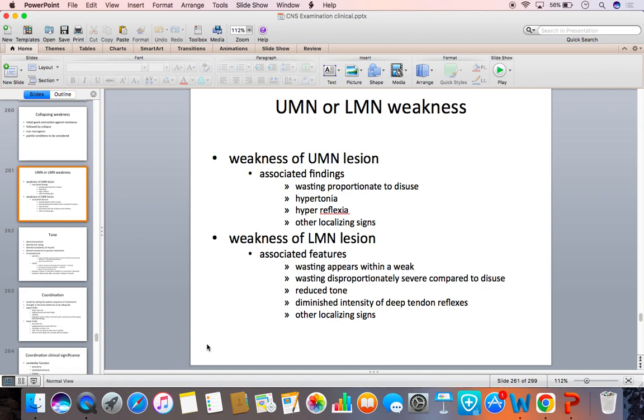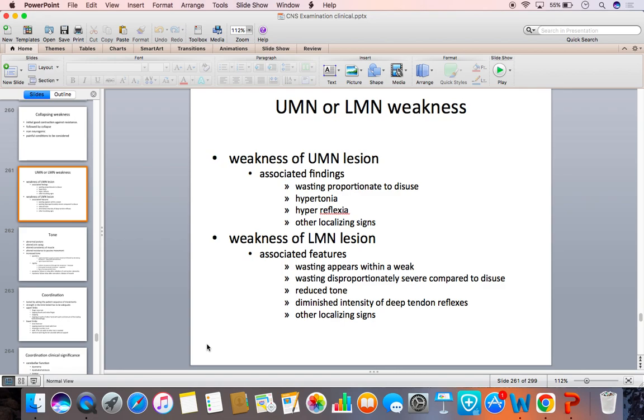Then coming to the UMN and LMN weaknesses. Weakness of upper motor neuron lesion. What are the features? Associated with wasting. This wasting is proportionate to disuse in upper motor neuron lesion. Associated with hypertonia, that means weakness associated with hypertonia and hyperreflexia and other localizing signs, depending upon the anatomic level of the lesion.